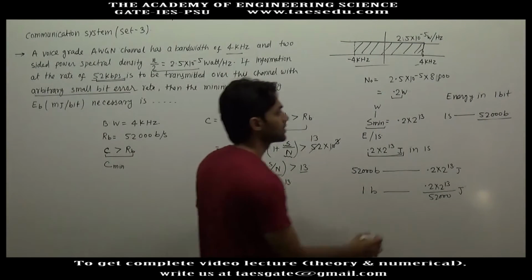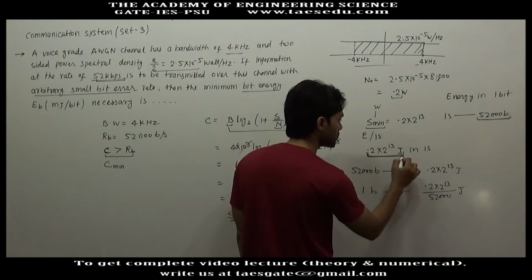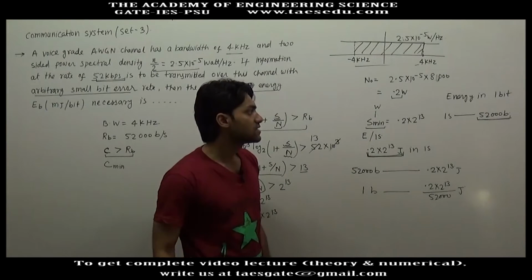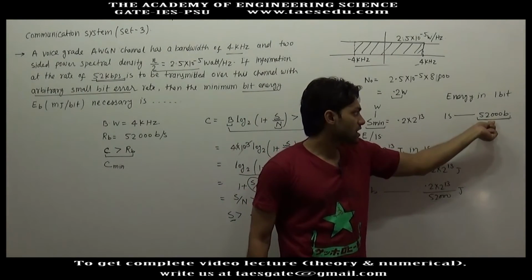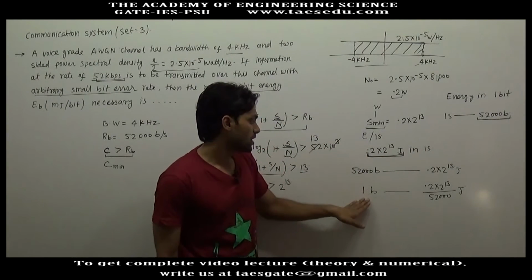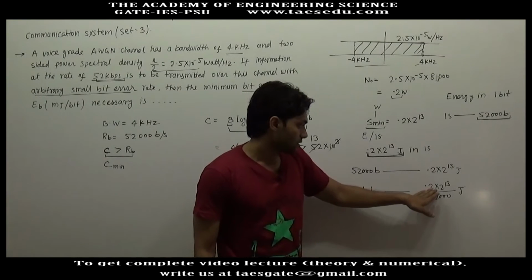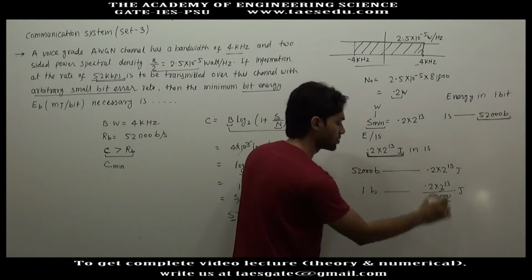In 1 second these many bits are transmitted, and in 1 second this much joule energy is transmitted. It means that 52,000 bits have to contain this much energy. So 1 bit will contain this energy divided by 52,000.